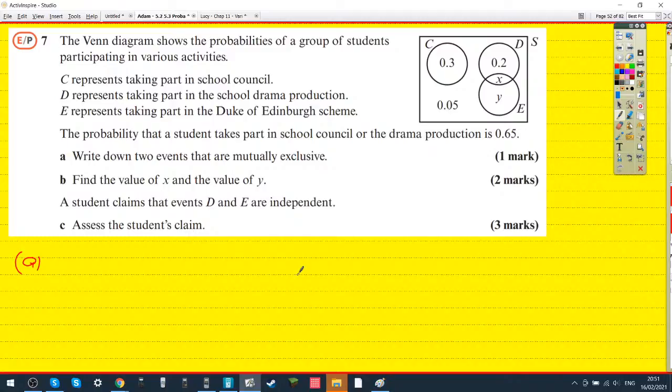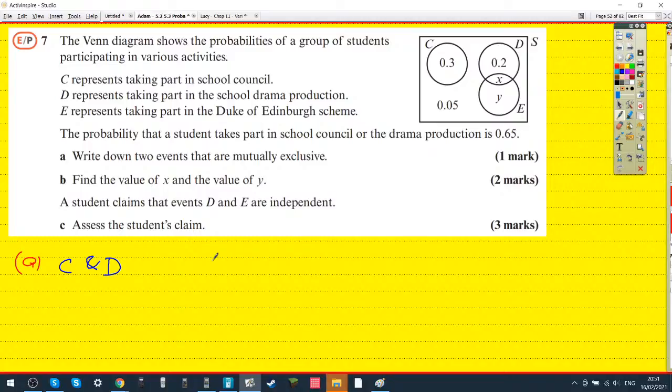S is everything, all students. But the only one that's there is C, which is outside. So what is C exclusive from? D and E. So C and D are mutually exclusive. They've got no overlap. And C and E as well.